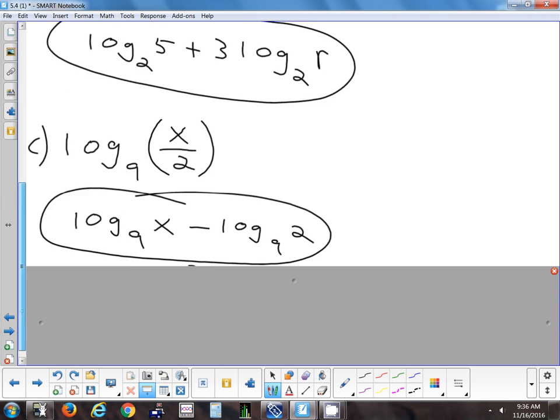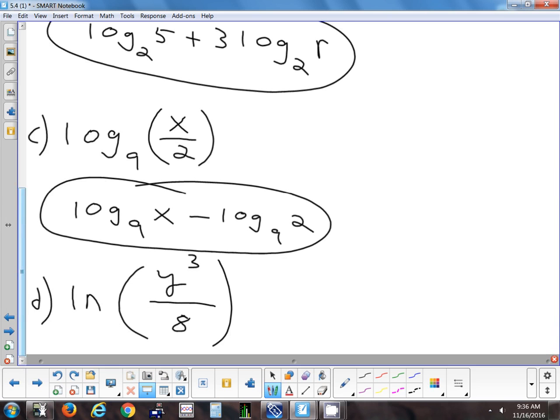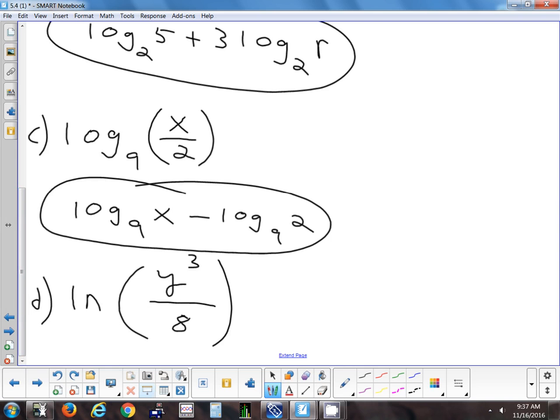As I said, it works the same whether you're using any base, so we can do ln. When we split it, we're not going to write log, we're going to write ln instead. Don't write log base e. Use the abbreviation ln.